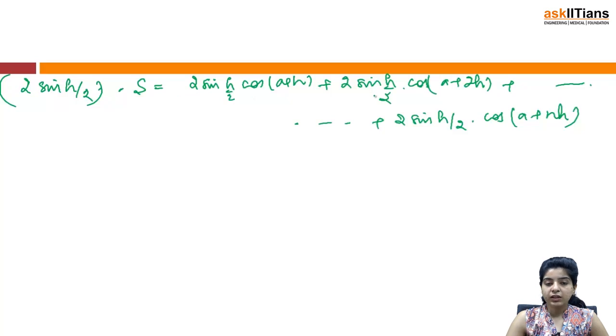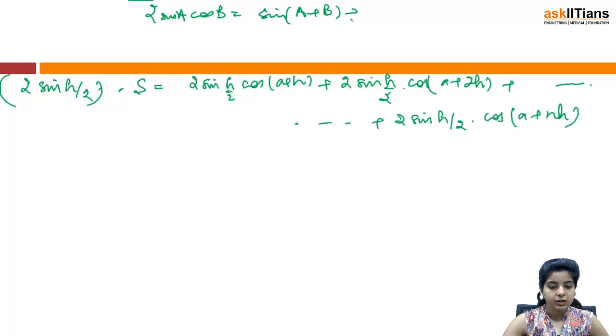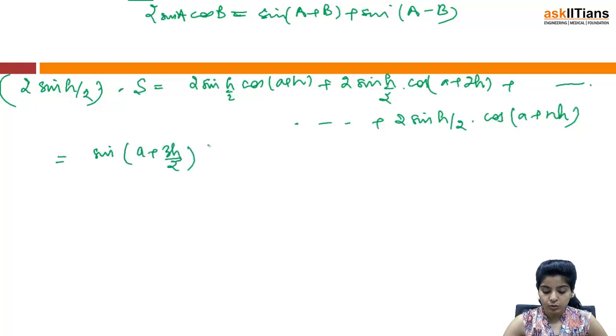We have 2 sin A cos B is equal to sin of A plus B plus sin of A minus B. So I will be utilizing this formula, applying this formula here. So this is 2 sin A cos B, so I have sin A plus B, that is a plus 3h by 2, and then I'll have plus sin A minus B, and sin A minus B becomes minus of a minus h by 2.